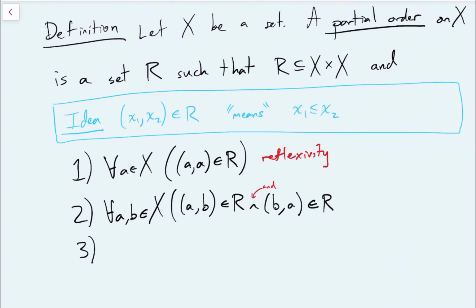That's just shorthand; I really should just write "and." If we have both of these premises, then I can deduce A equals B. That should be for any two objects: if A is less than or equal to B and B is less than or equal to A, then A equals B. That's antisymmetry.